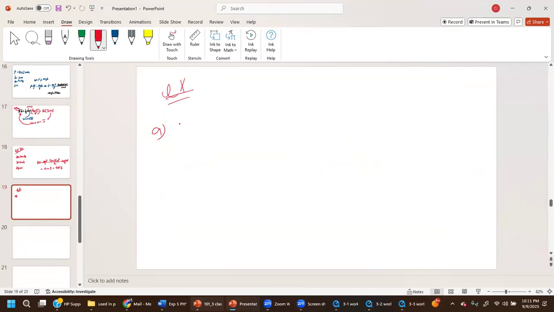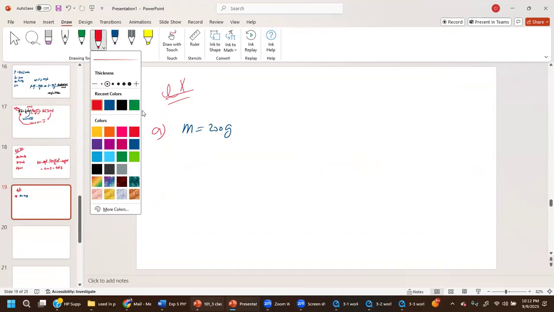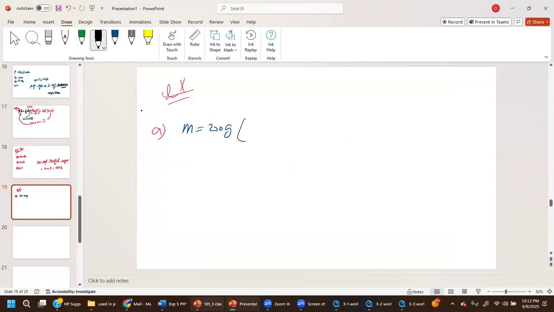You've got 20. Your mass is 200 grams, which has to be in kilograms. So convert that to kilograms. You're going to put grams on the bottom, that way they cancel out.